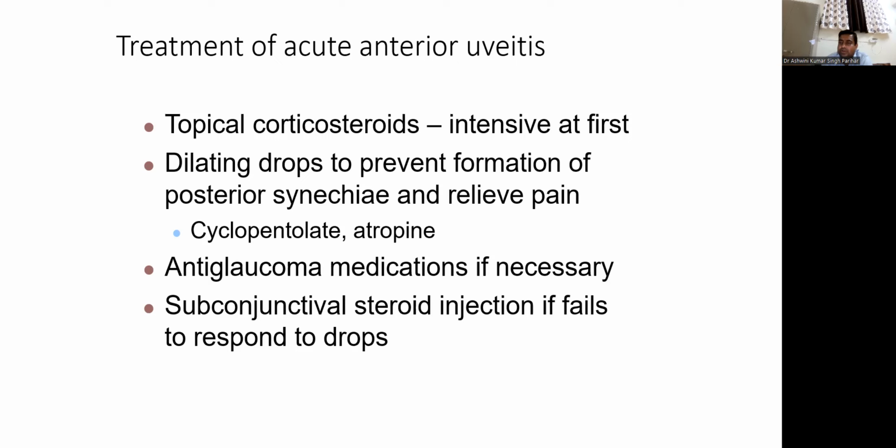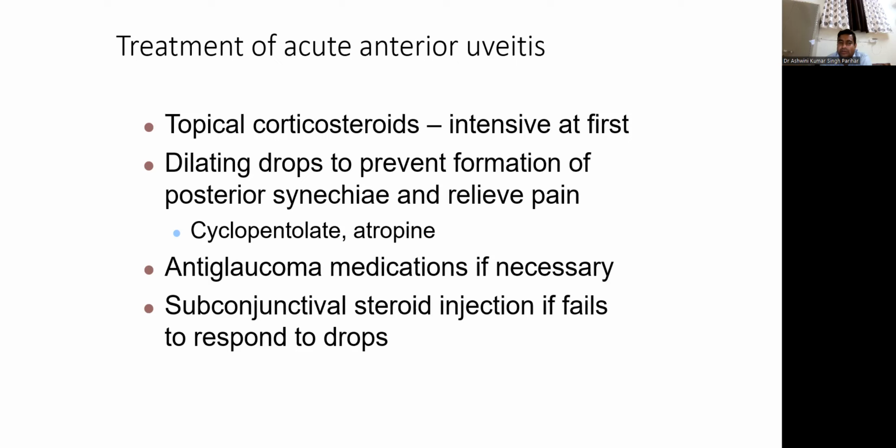It will relieve the cycloplegic pain, cyclospasm, and also prevent the formation of synechiae, because otherwise the pupil keeps on constricting and dilating, constricting and dilating. So it will help in preventing the formation of synechiae.